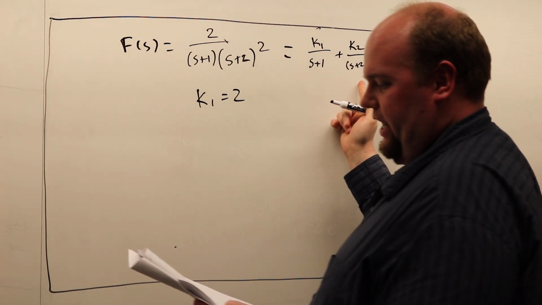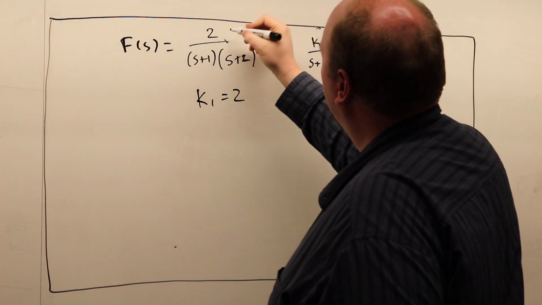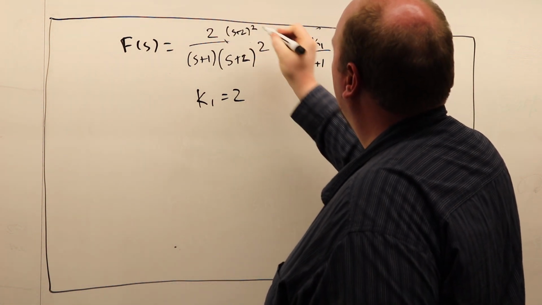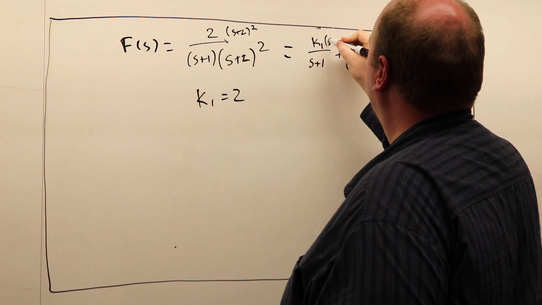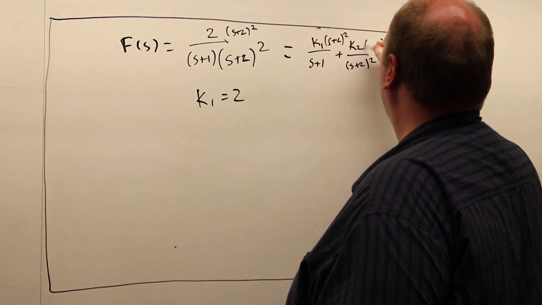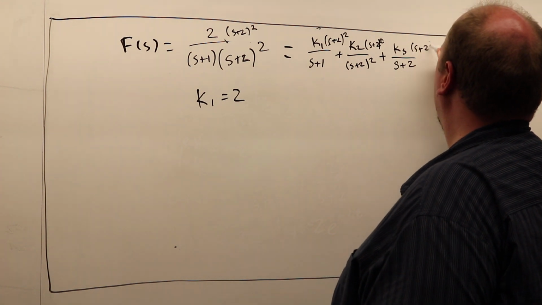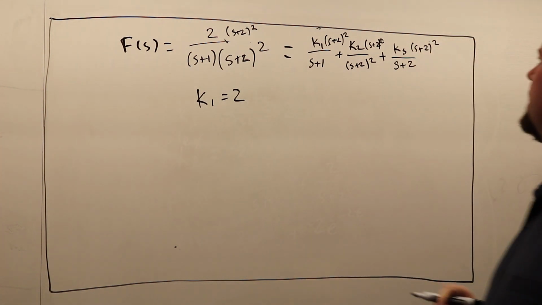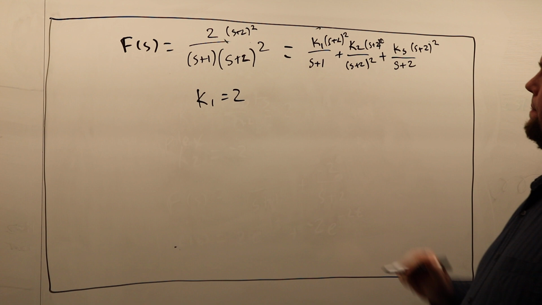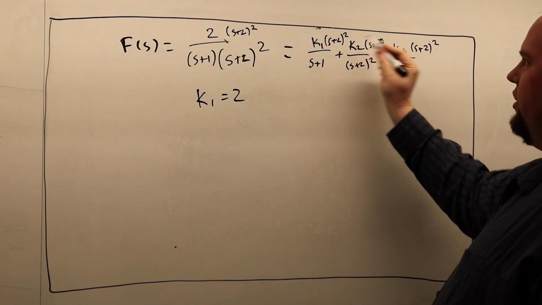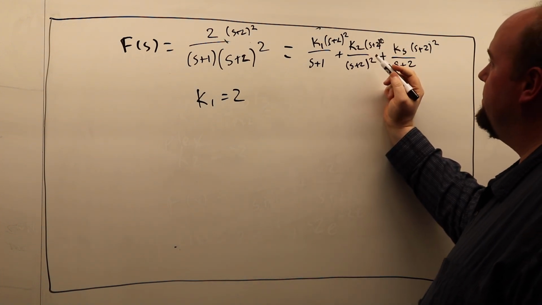So (s plus 2) squared wipes out the terms here, and all that's left is now k2.